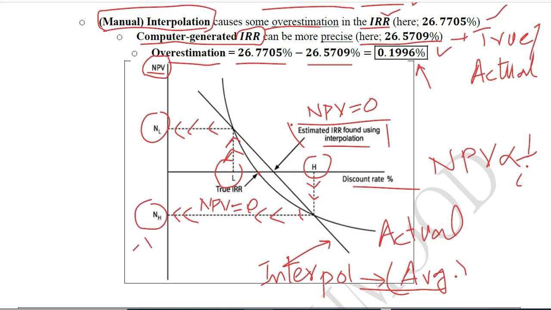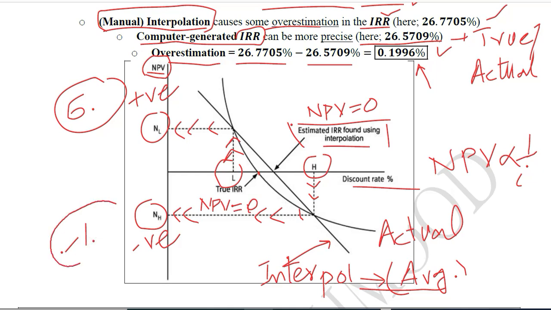Definitely this was the positive value and this was the negative value. You can refer back to that video and see the exact values. Roughly speaking, it was about 6 and about minus 1 point some value.